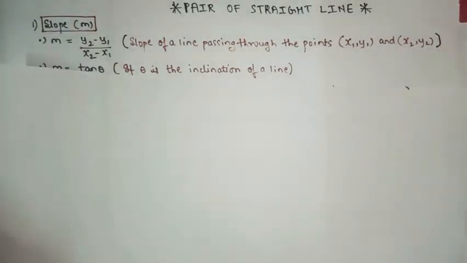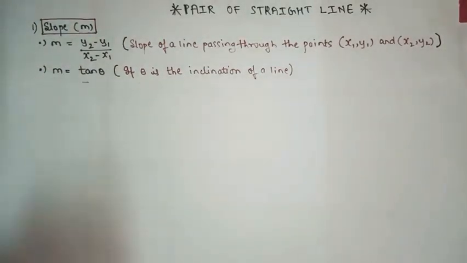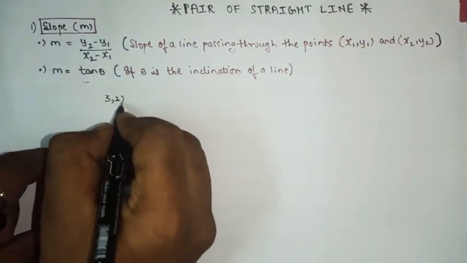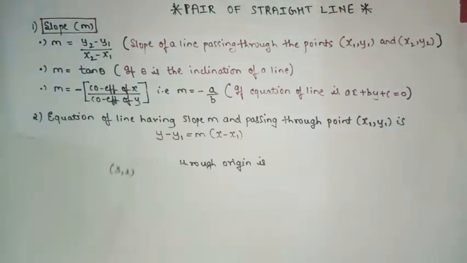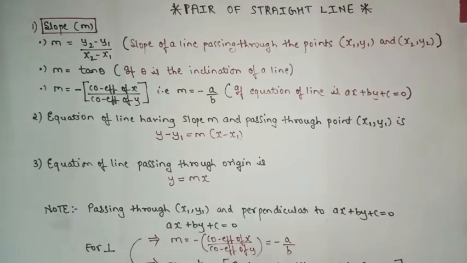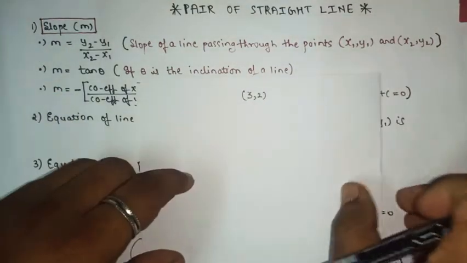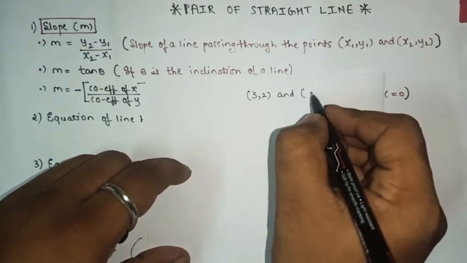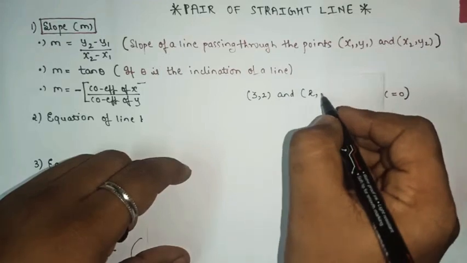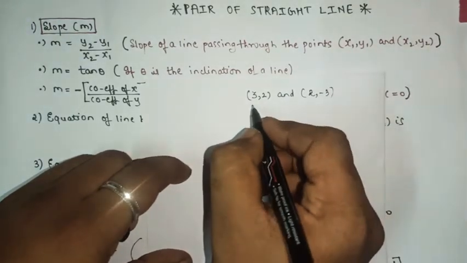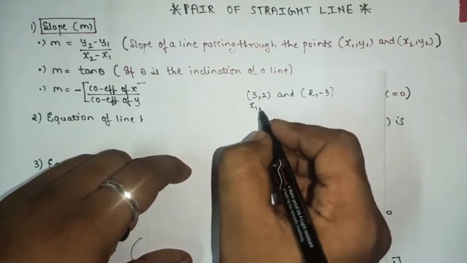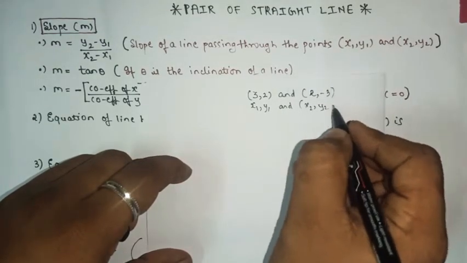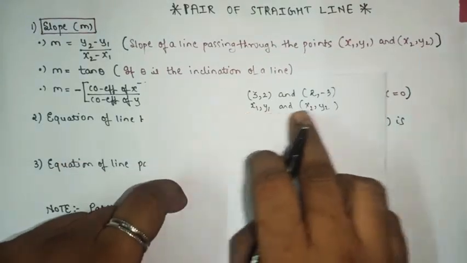Whenever you have 2 points, suppose I say (3, 2) and (2, minus 3) or something. We'll consider the first coordinate as (x1, y1) and the second as (x2, y2).